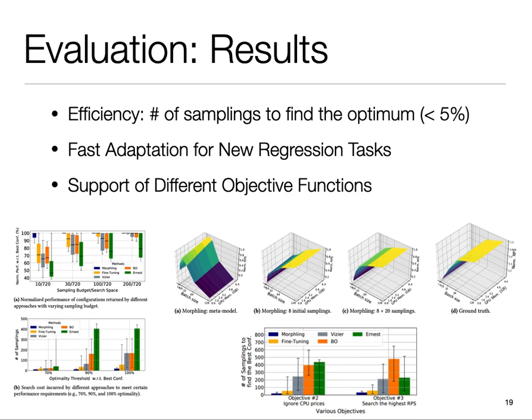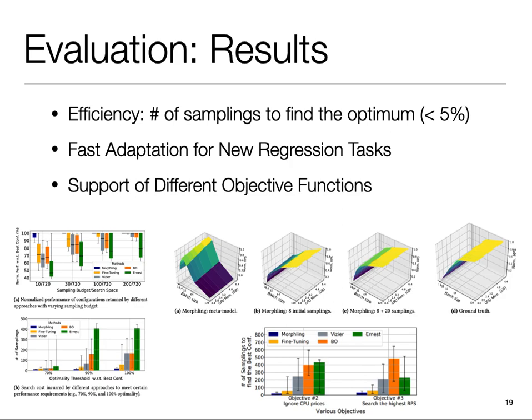The figure on the top right shows the mapping plans given by the initial meta model, the adapted model after 8 initial samplings, and that after 28 samplings, respectively. The meta model after sampling a few configurations is quickly adapted towards the ground truth.